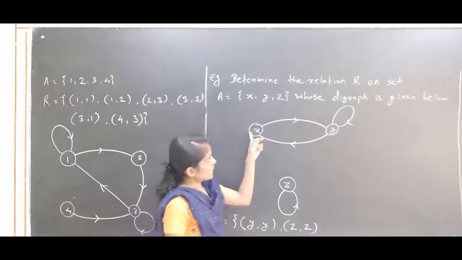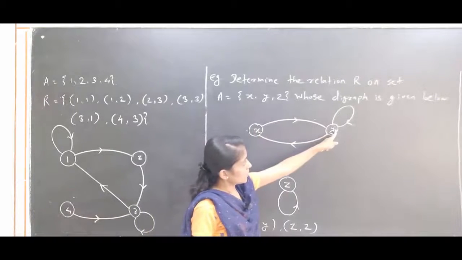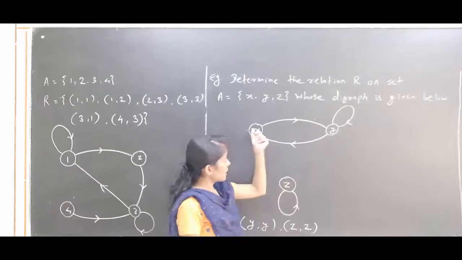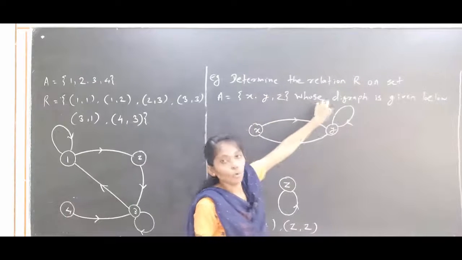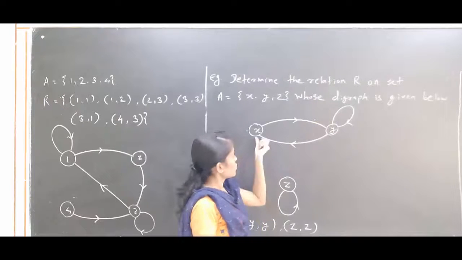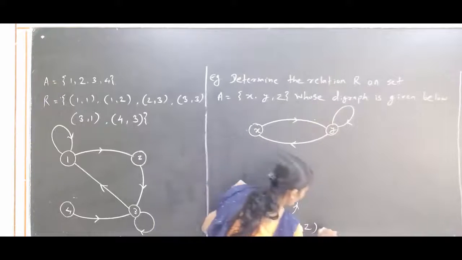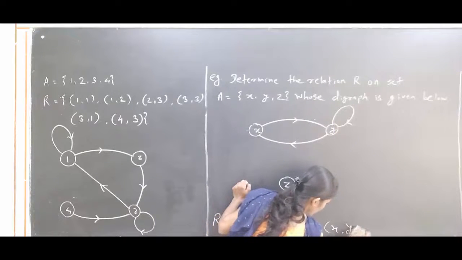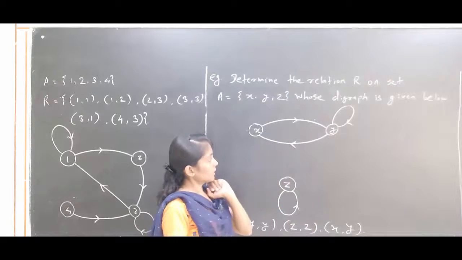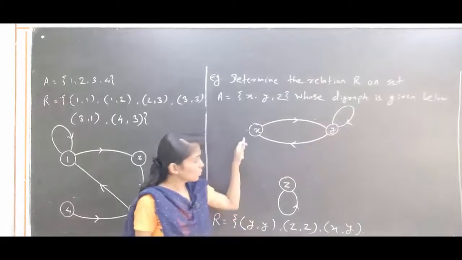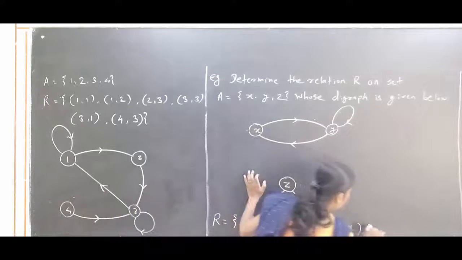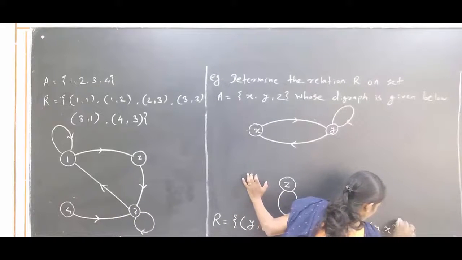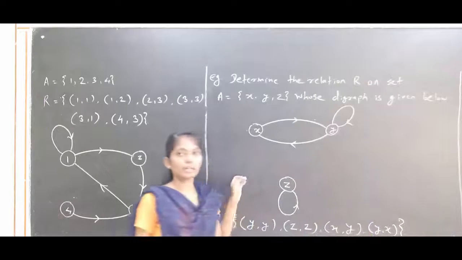Now X is related to Y, as there is an arrow from X to Y. Now again Y to X, that means Y is related to X. So this is the relation R.